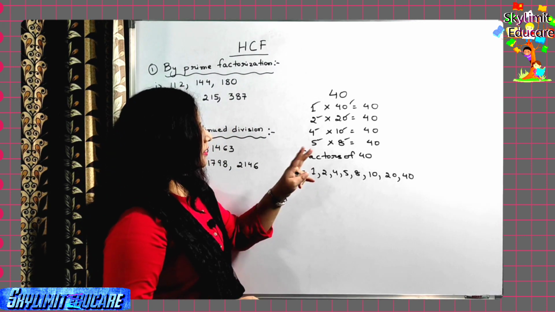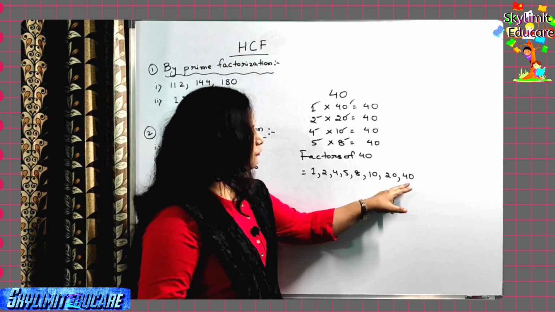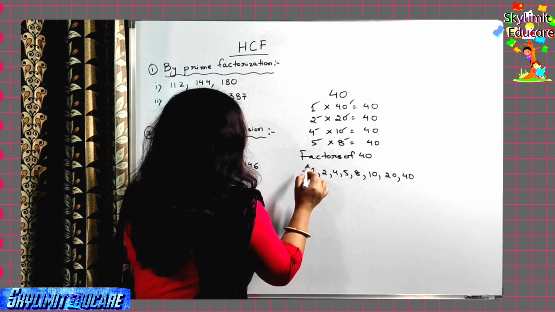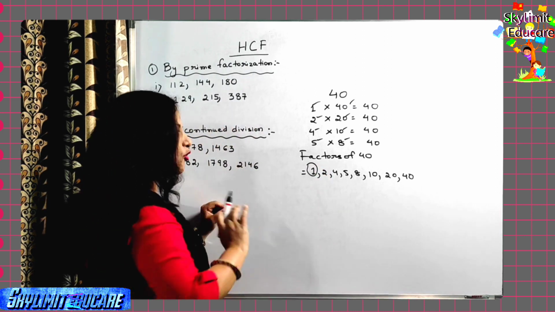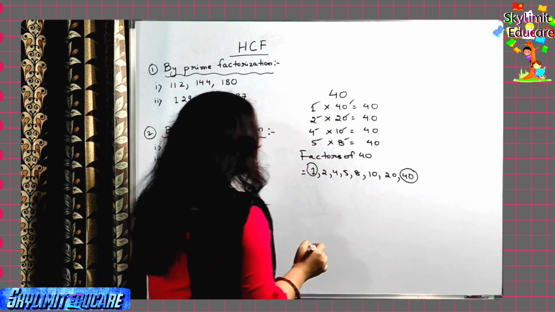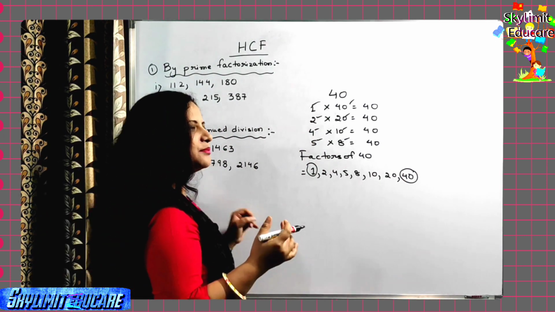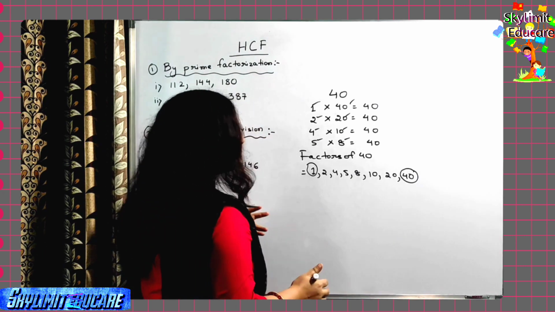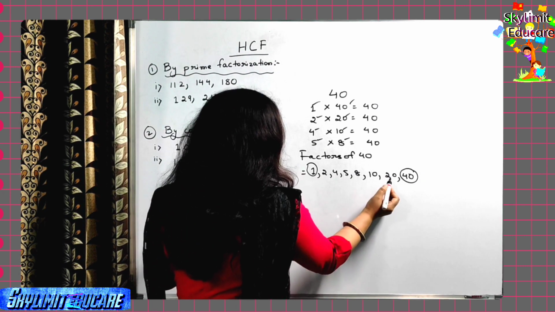So that means 40 itself is a factor of 40, and 1 is a factor. Remember one thing, 1 is a factor of all numbers and the number itself is also a factor of all numbers. That means every number is divisible by itself. Apart from that, you can see here 40 has other factors.